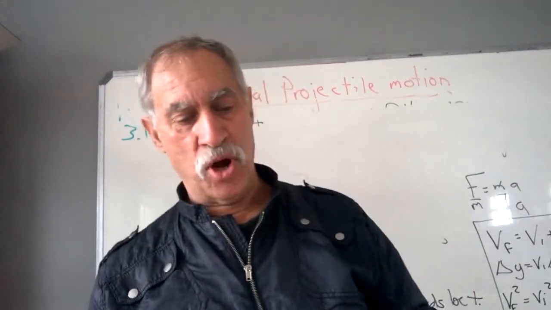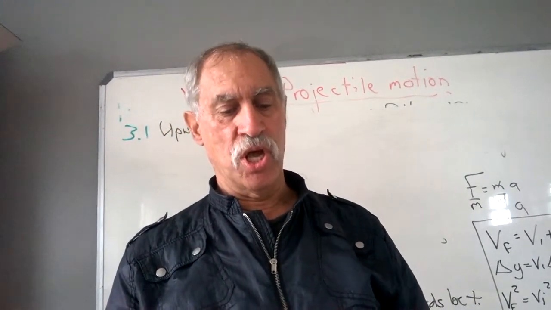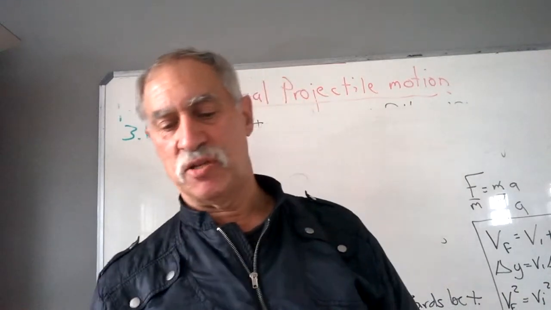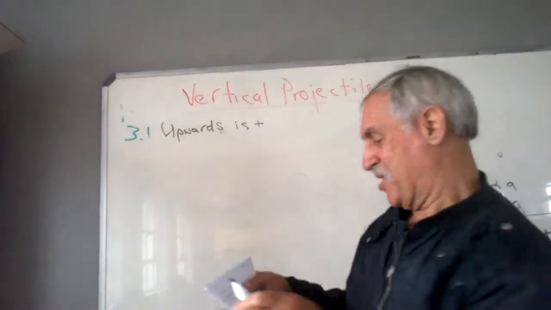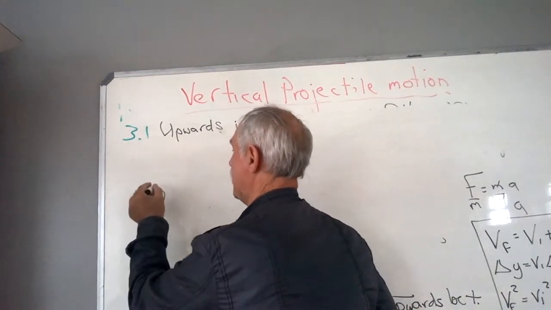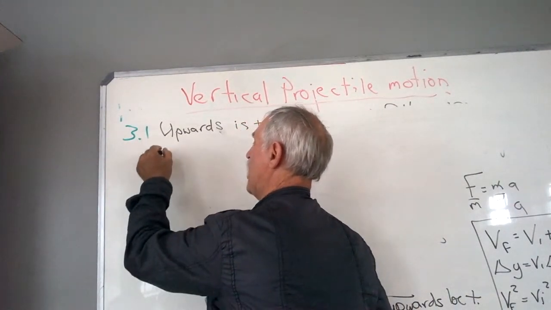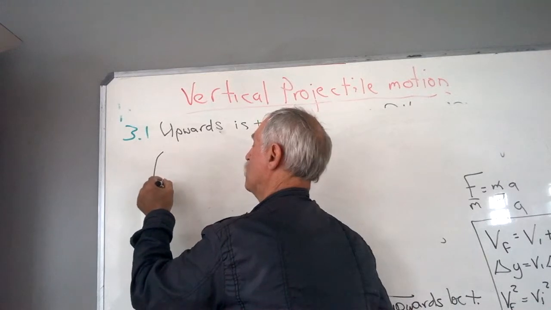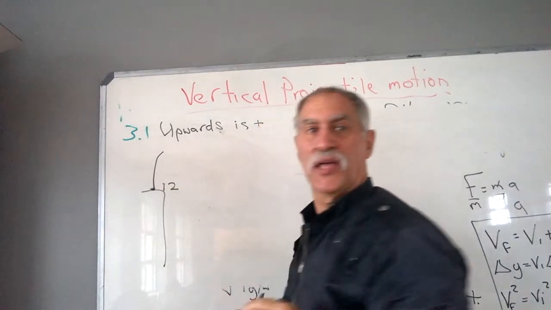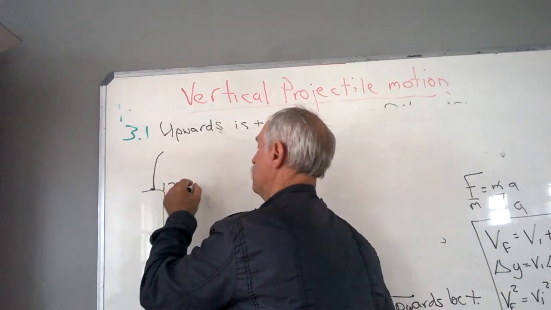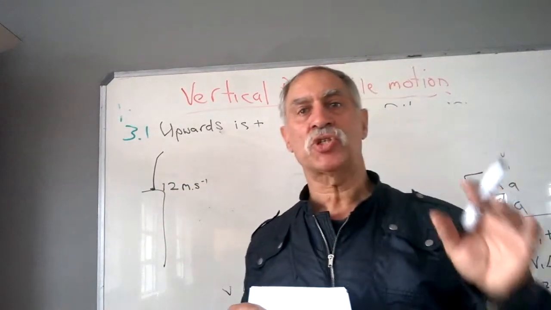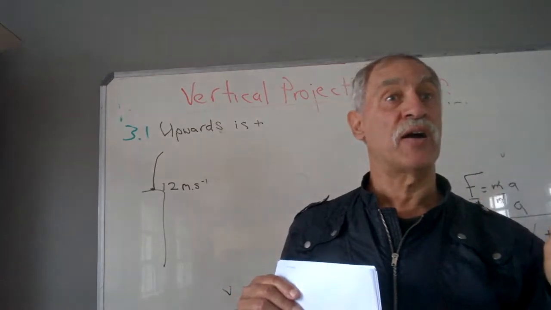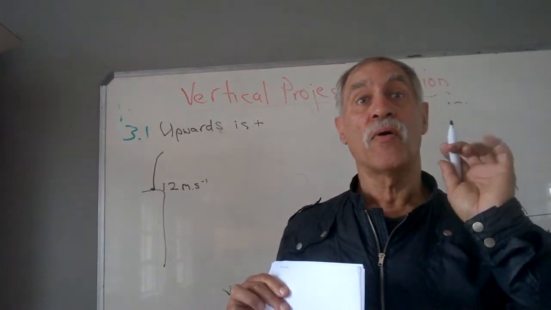Now, what do they say? Let's read it. Stone A is projected vertically upwards at a speed of 12 meters per second. What is the next thing, guys, we must do? We must write down our values.